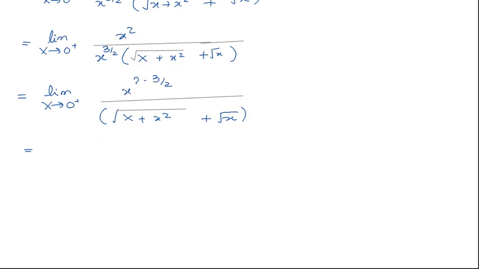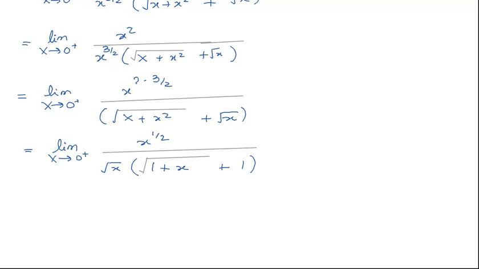So that will give the limit as x tends to 0 from the positive direction of x^(1/2), and now we will take out root x common from both terms in the denominator. So we will get √x times (√(1 + x) + 1). This √x and this √x will cancel each other.